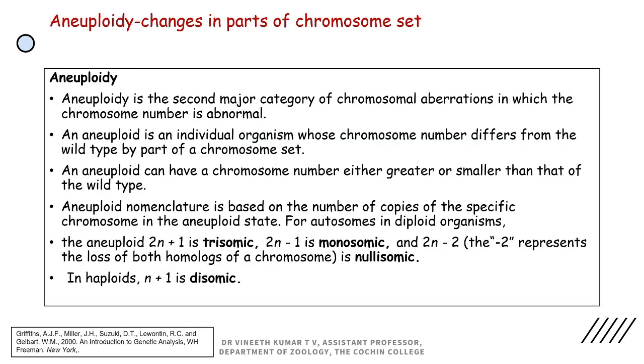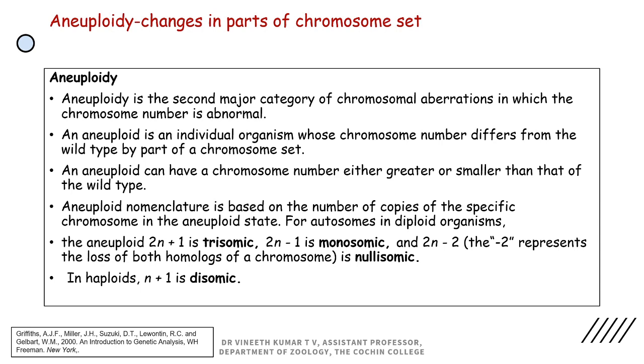So aneuploidy is the second major category of chromosomal aberrations in which the chromosome number is abnormal. It is not the chromosomal set, it is the number of chromosomes that is abnormal. An aneuploid individual is an organism whose chromosome number differs from the wild type by a part of the chromosome set.